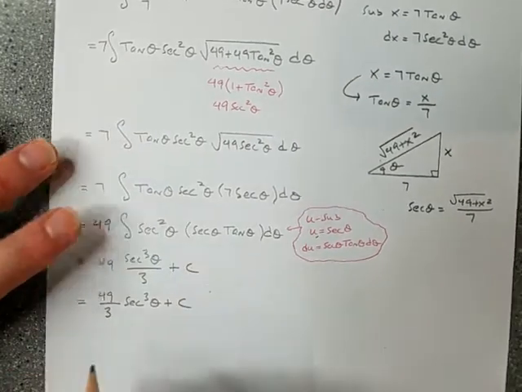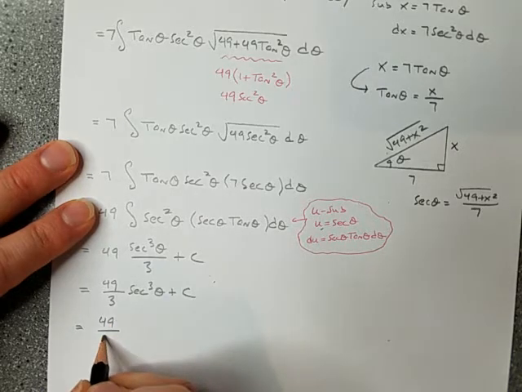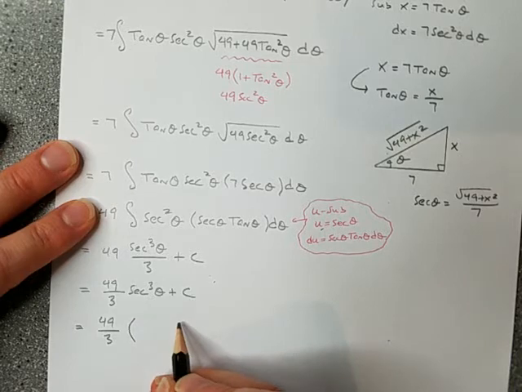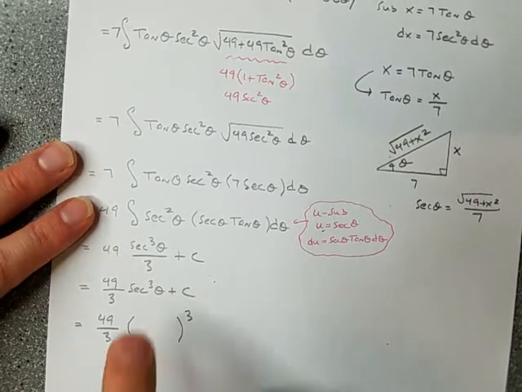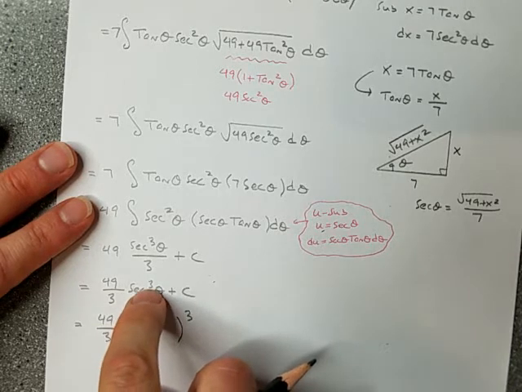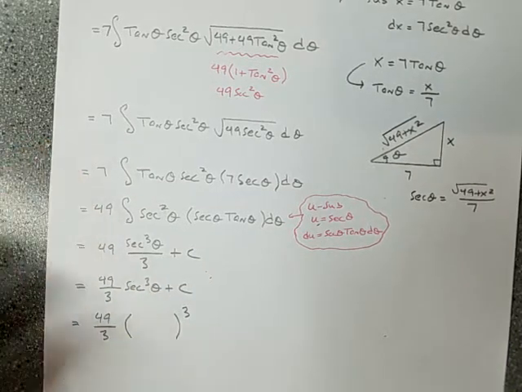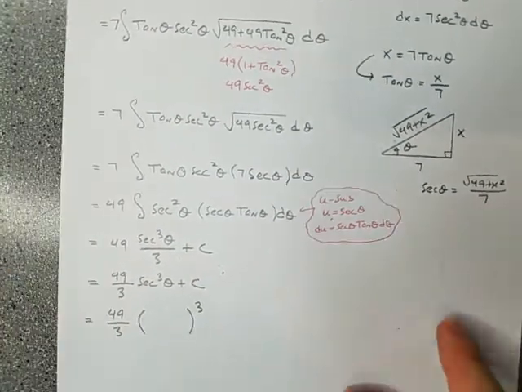Let's do it like this. We got a 49 over 3, okay? And I'm going to put secant to the third power. You see? The order of operations is, when we write the power like that, secant of the angle, whatever that is, to the third power. Secant of the angle was found to be this.